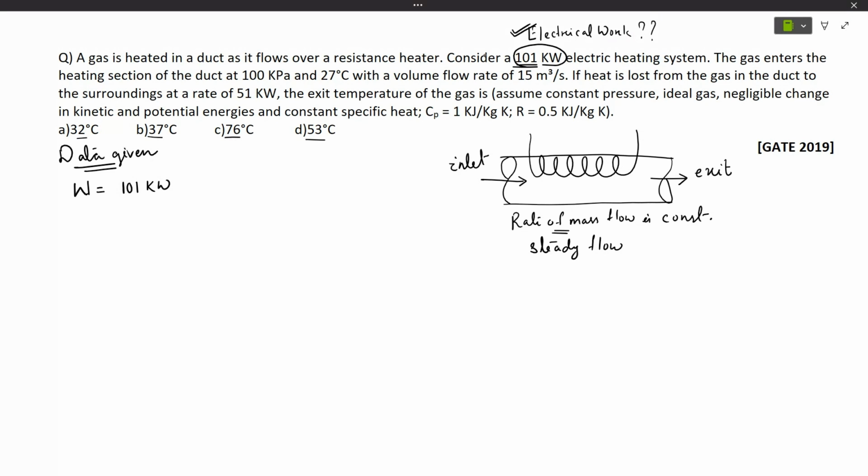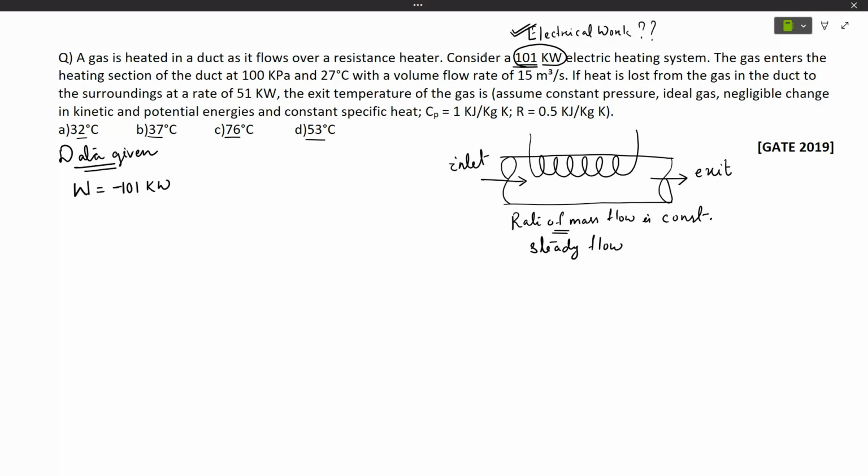As we discussed in the definition of electrical work, it is work transfer to the system, which means work done on the system. So here we use the minus sign for this magnitude, that is minus 101 kilowatt.